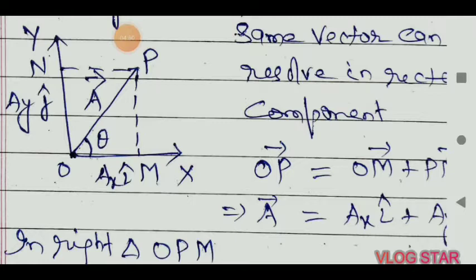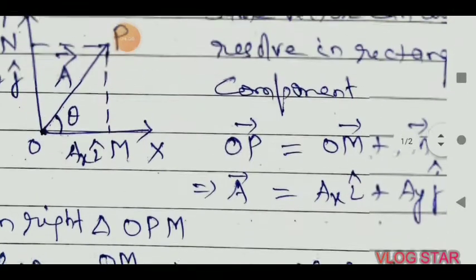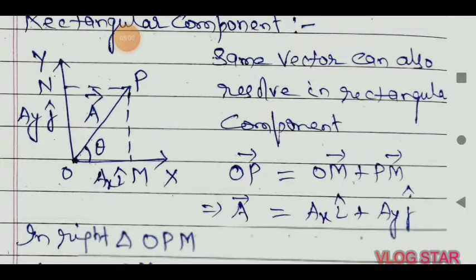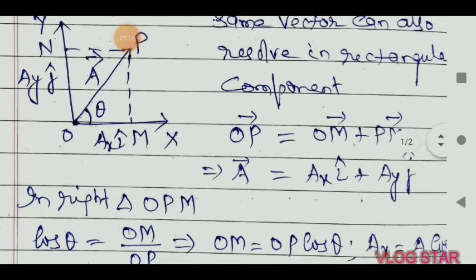So j represents the y-axis direction. Now in the triangle OMP, from the triangle of vector addition, OM plus MP represents the vector OP. That is, vector A equals AX i plus AY j.